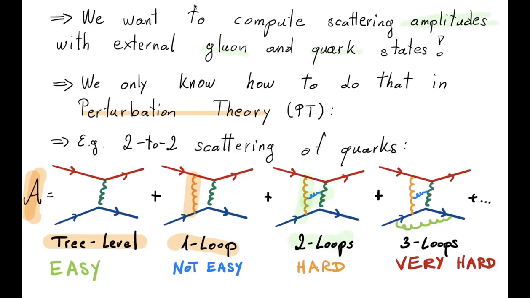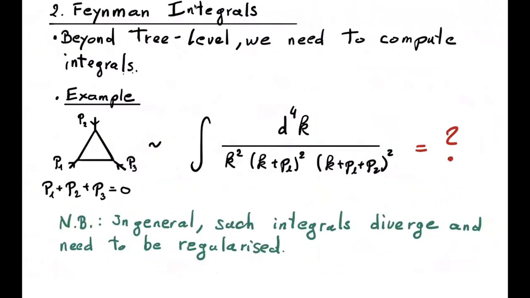But everything that goes beyond one loop, you can qualify as hard, and everything that has more than 2 loops is definitely very hard. And so why is it so hard? Well, one of the reasons is that naturally beyond tree level, you have to compute what are called Feynman integrals.